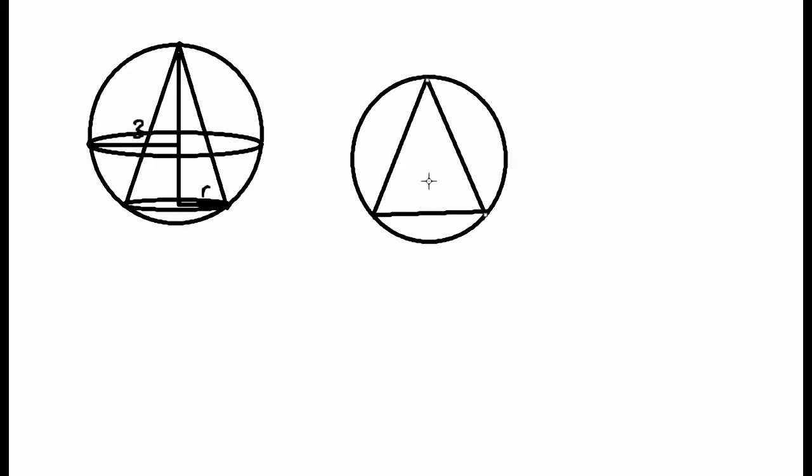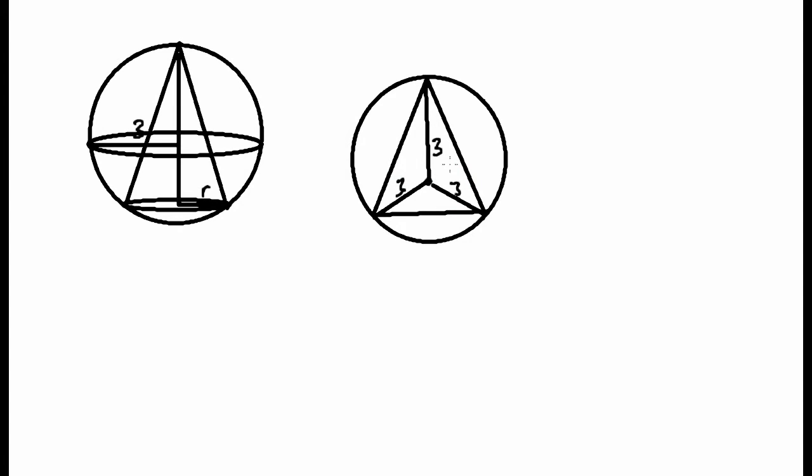First we know that the radius of the sphere is 3, and these corners of the cone, plus the top, are touching the circle, which means the center of the circle has a line connecting these three corners, and the center of the circle would be right here, and these would all equal 3 because these are all radii of the sphere.